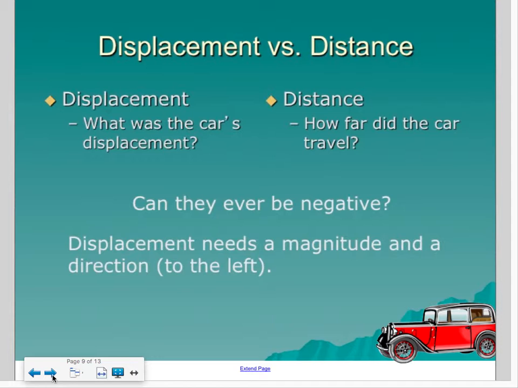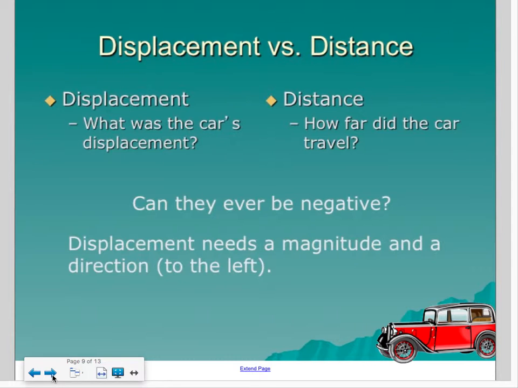All right, at the bottom you can see that I said, can they ever be negative? The only one that can be negative is a displacement. What is the reason why it can be negative? Positive and negative is a what? A direction. And what requires a direction?